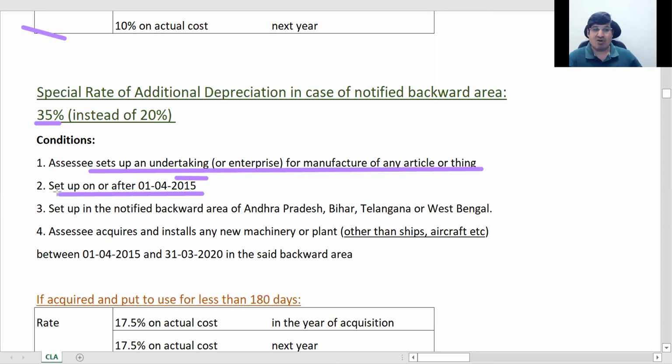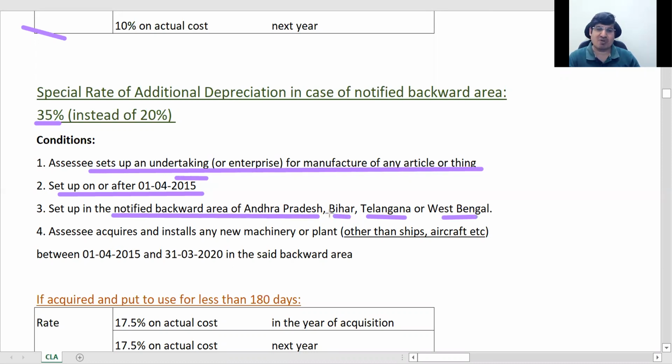Okay, here we are talking about setting up of business. There we talked about only purchase of machinery. That date was purchase of machinery. This date is setting up of business. Okay, in backward area. Notified backward area of Andhra Pradesh and Telangana. Okay, Andhra Pradesh and Telangana, Bihar and West Bengal.